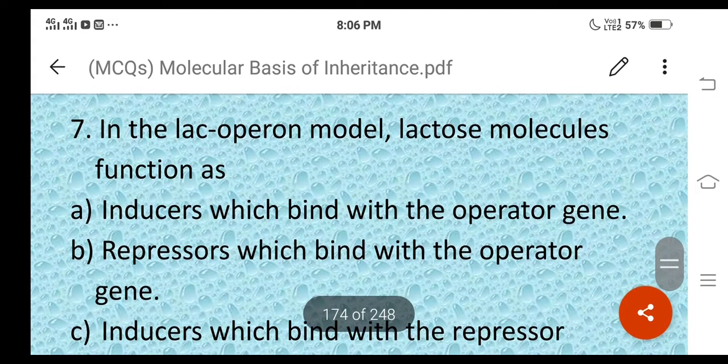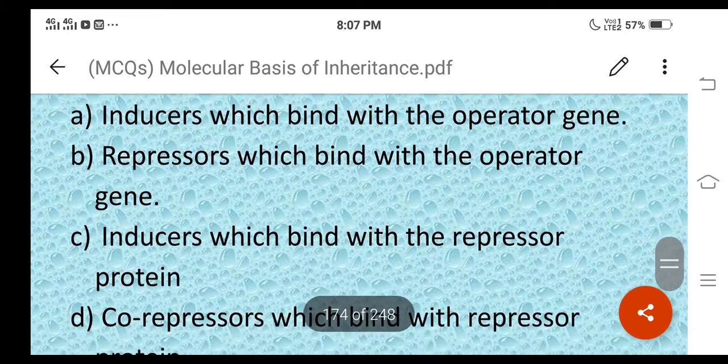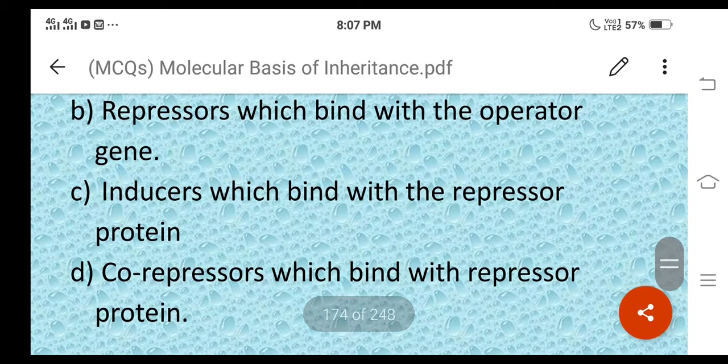Then the 7th one, in the lac operon model, lactose molecules function as: inducers which bind with the operator gene, repressors which bind with the operator gene, inducers which bind with the repressor protein, or co-repressors which bind with the repressor protein, right?